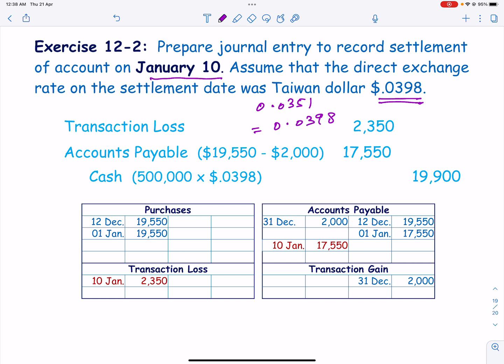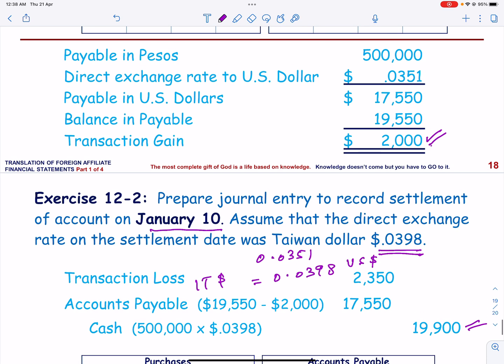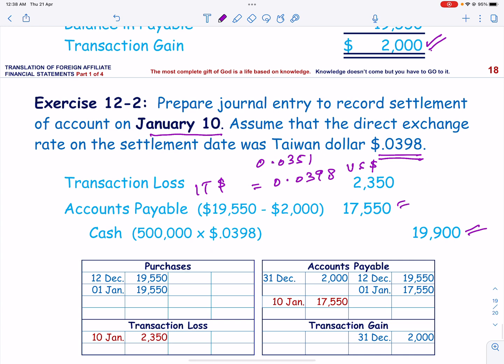One Taiwanese dollar is equal to 0.0398 US dollars. So if we multiply, we are going to have 19,900. The accounts payable was 17,550 on the balance sheet date, and the difference is a transaction loss.